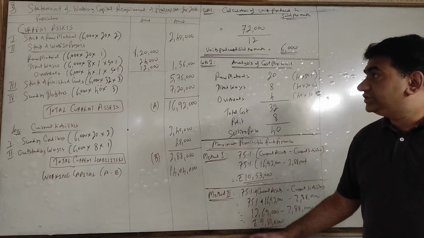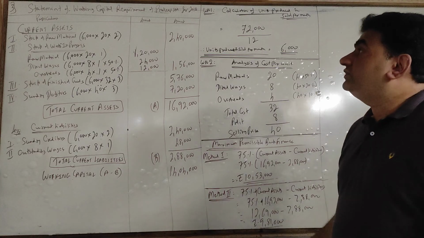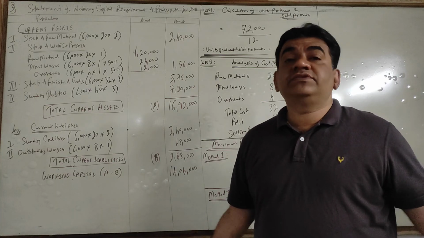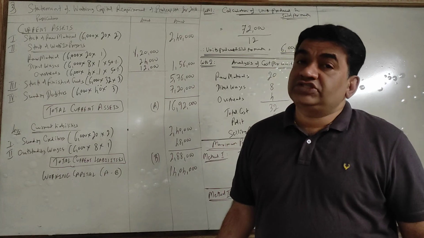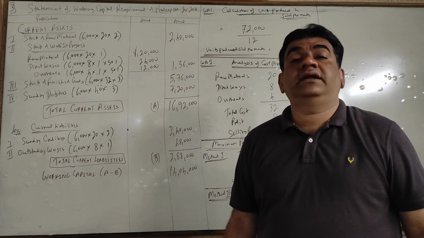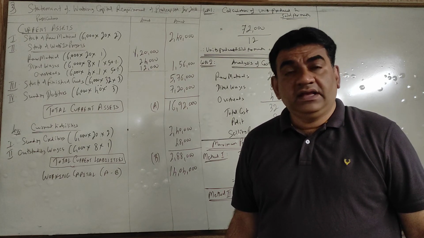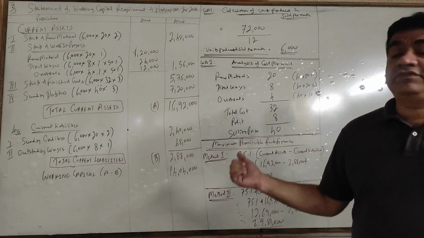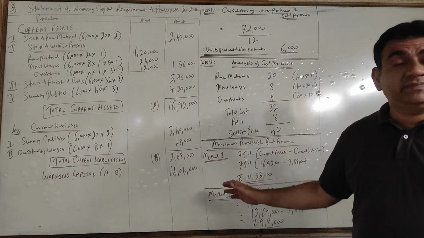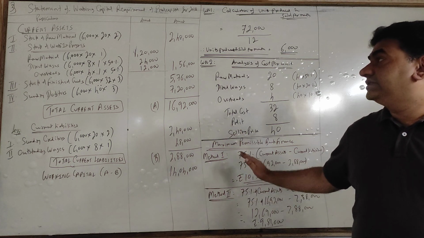Got it, guys? So this was the first sum of the first part of this chapter, where maximum permissible bank finance is to be calculated as per the norms prescribed by the Tandon committee. Clear, guys?